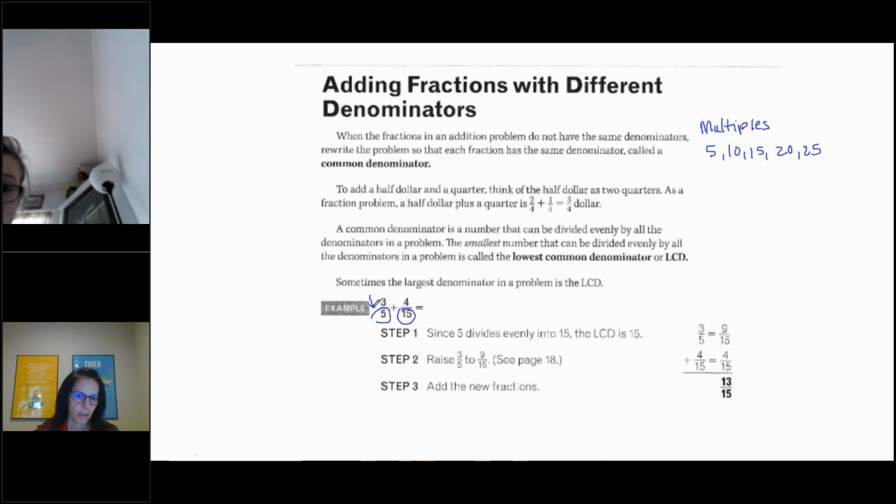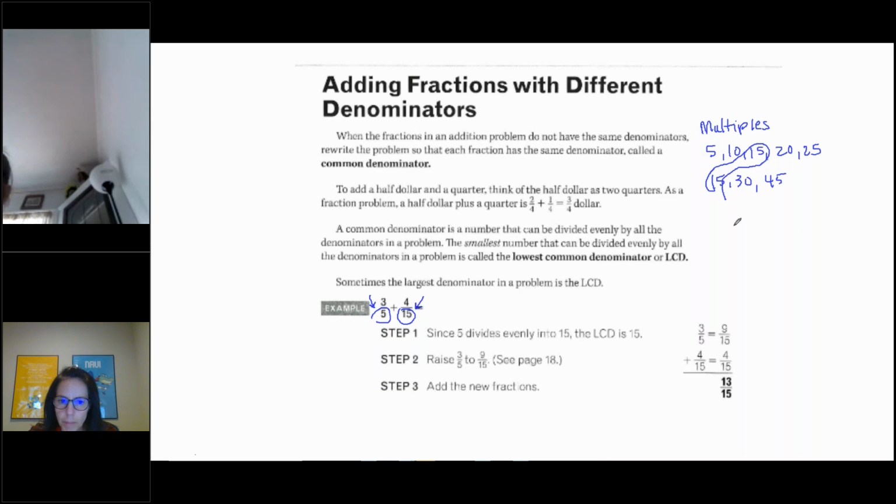Now I'm going to write some multiples of 15. So I have 15, 30, 45, and I'm going to stop because at this point, you should see a multiple that's common. The number 15 is common to both of those lists of multiples. That's going to be your common denominator.